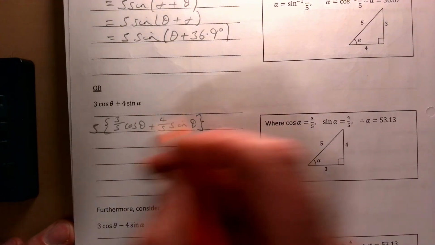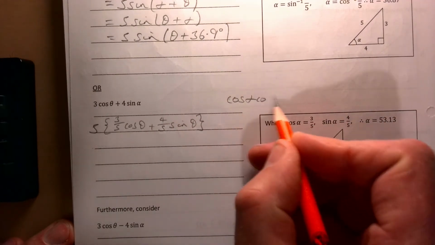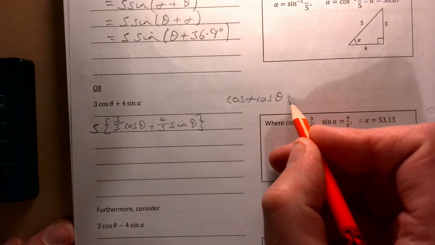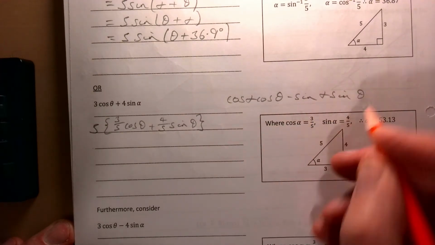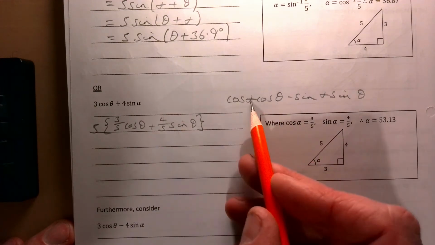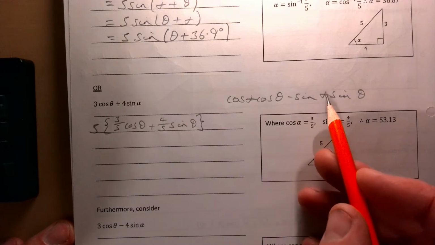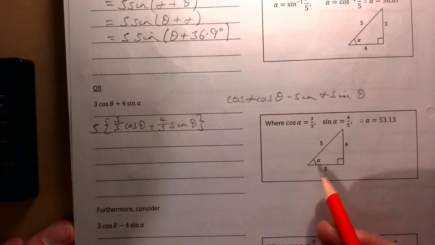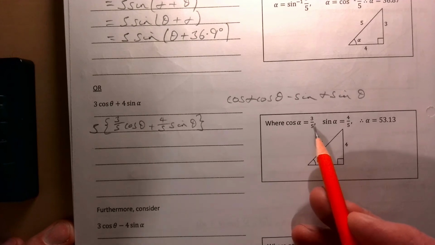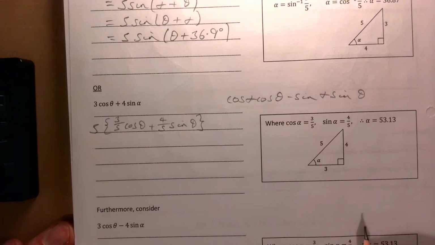So if we have cos alpha cos theta plus sine alpha sine theta, then in this case cos alpha would be 3/5 and sine alpha would be 4/5, which gets us in the other way around, and so our angle is sine to the minus 1 of 4/5 or cos to the minus 1 of 3/5, which gives me 53.13.